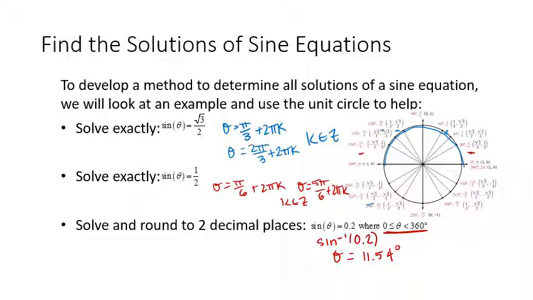And then to get my second angle, so that's always that first angle in the first quadrant, you can see the second angle, so these angles all came from taking pi and subtracting that reference angle. So you'll take pi, which is 180 degrees, and subtract that reference angle, which is 11.54 degrees, and we end up getting 168.46 degrees.